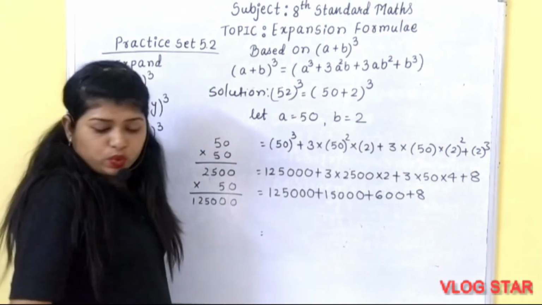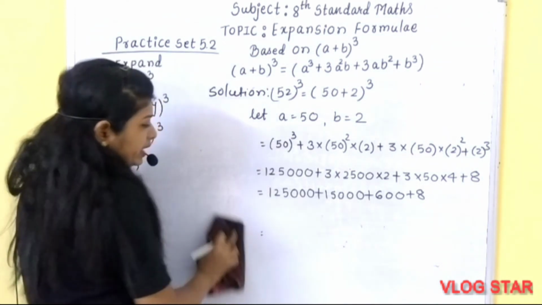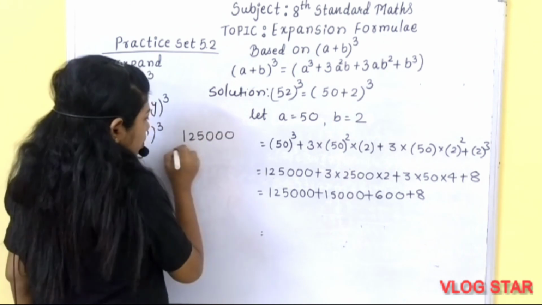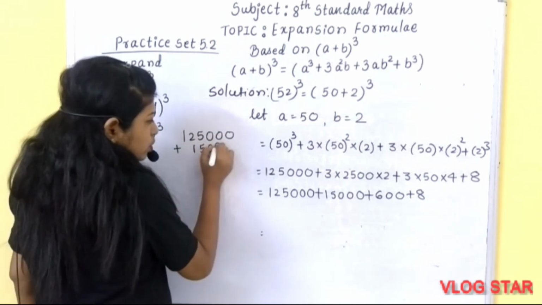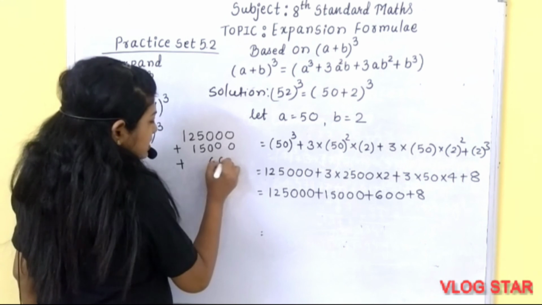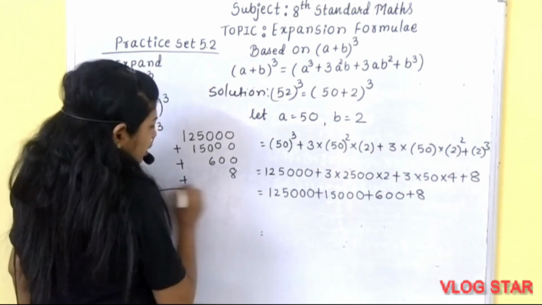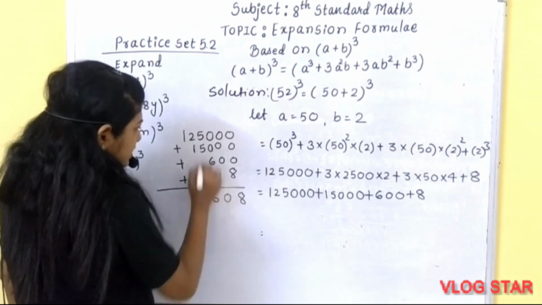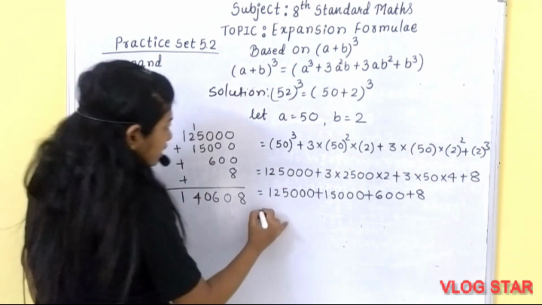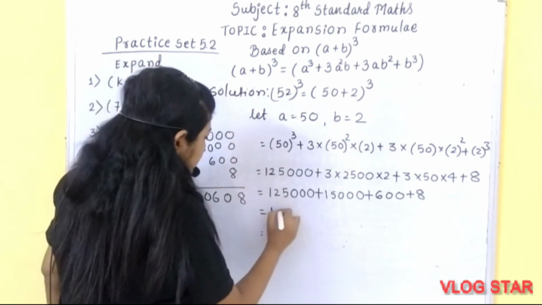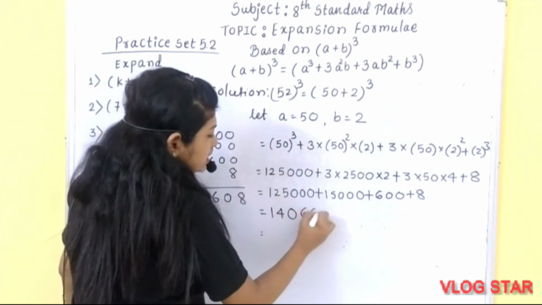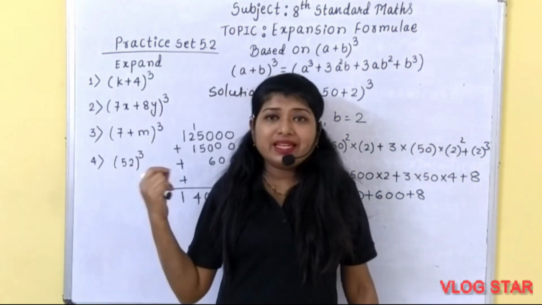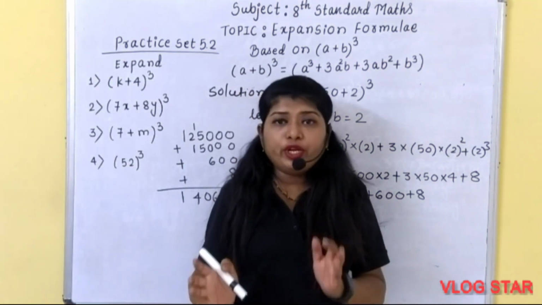If you are going to add them, what will you get? 125000 plus 15000 plus 600 plus 8. So 52 cube is 140608.